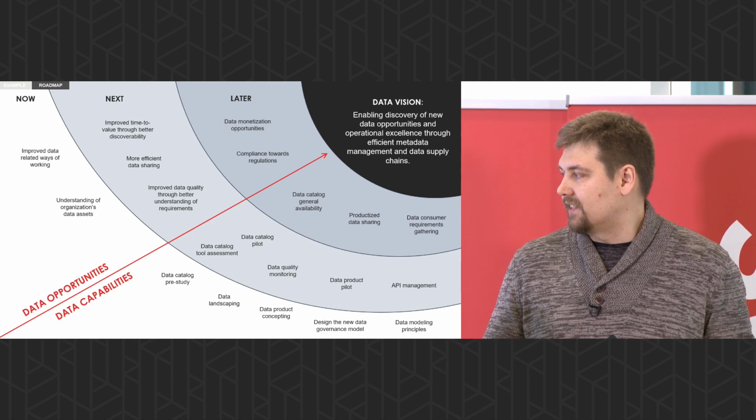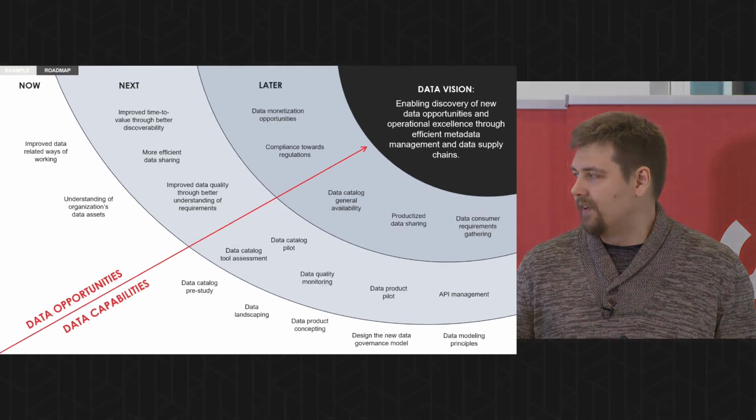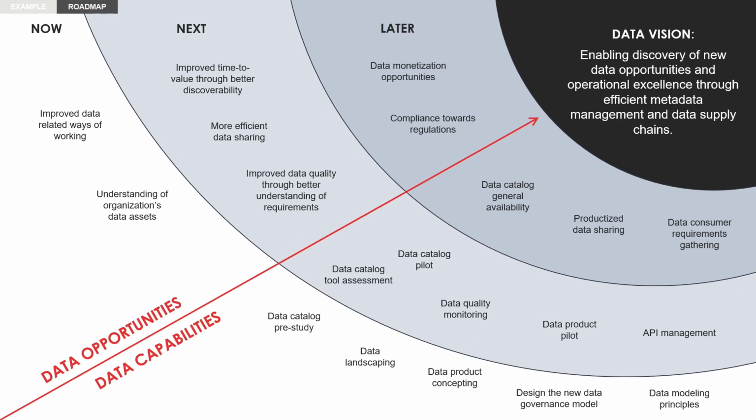And this is just an example collection of these data catalog related tasks from different cases. But the point here is that when we are designing the roadmap, we need to be able to link the data capabilities with the data opportunities.